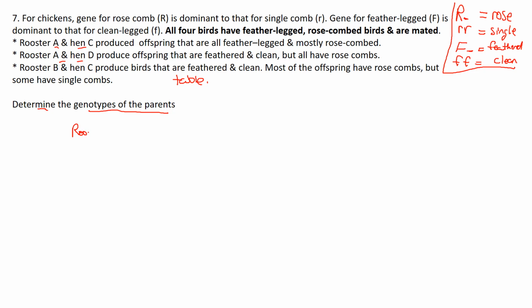So we're going to go rooster A. Next one we have is hen C. We also have a hen D. And we also have, we already have a hen C, but we have a rooster B. Do we have any other individuals mating here?